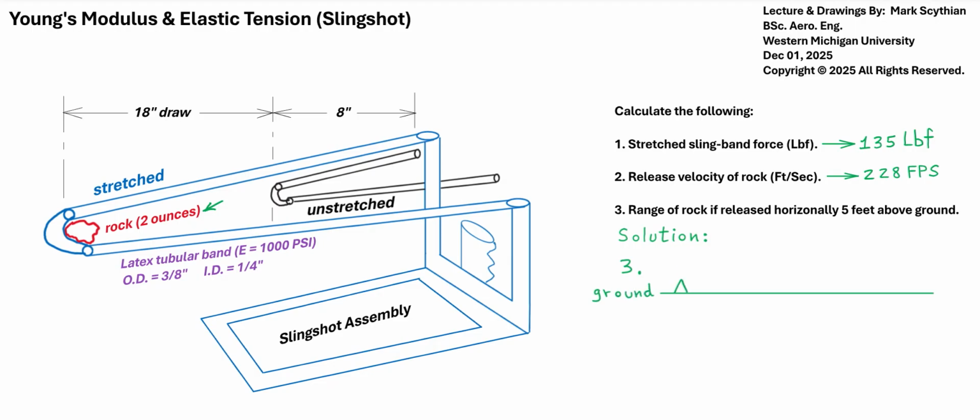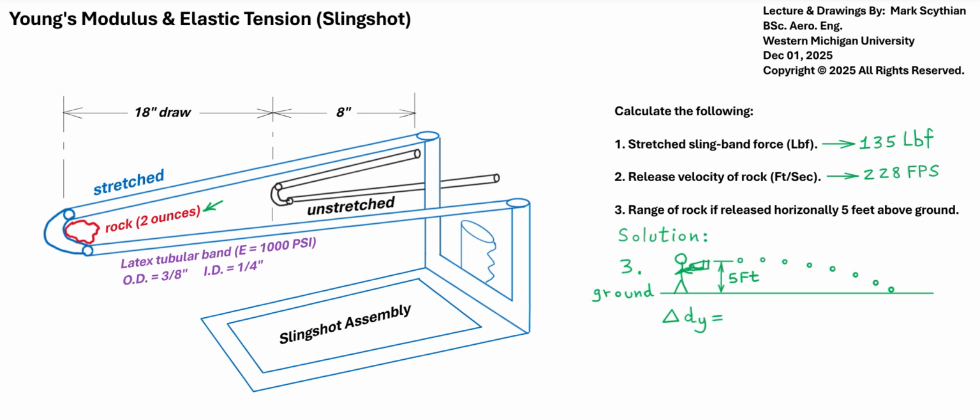So the last step is to place the slingshot shooter horizontal, 5 feet above the ground, and then the rock is released, and its range is limited because of gravity. Gravity pulls it down till it hits the ground. So the speed of the rock remains relatively constant.